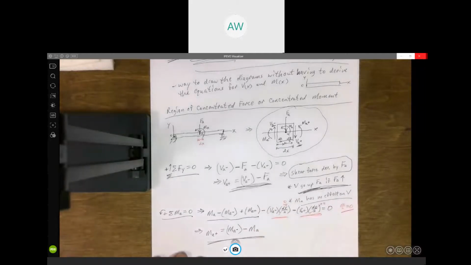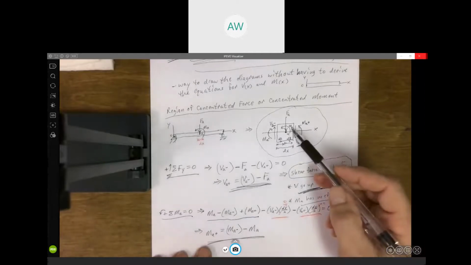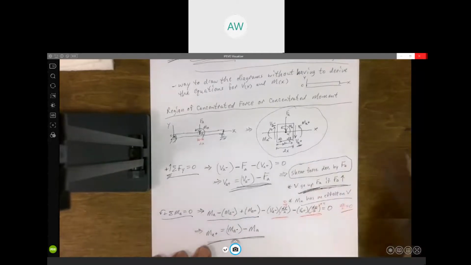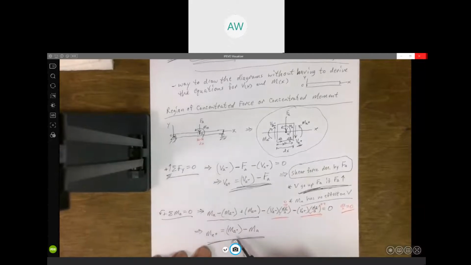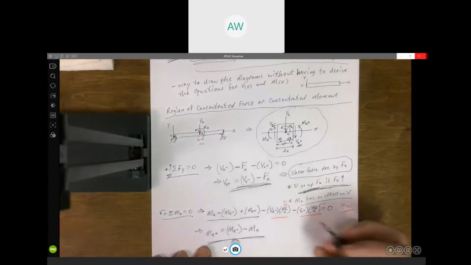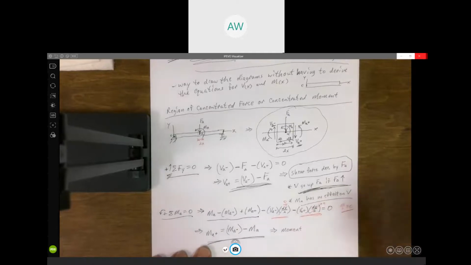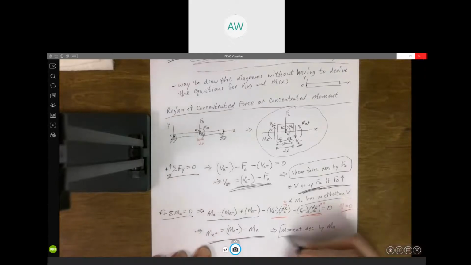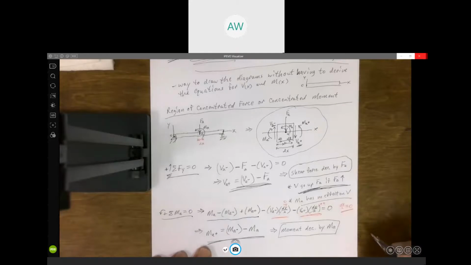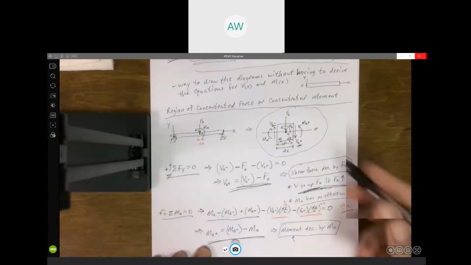So what this says is the moment just after where that concentrated moment is applied is equal to the moment just before it minus that applied moment. So just like up there, it tells you the moment decreases, or is going to go down, by whatever that applied moment is.